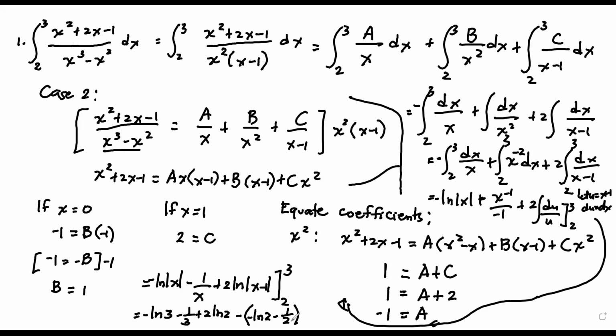So, when we simplify it, you will have negative ln 3, negative 1/3 plus 1/2. That's 1/6. And then, this is positive ln 2. So 2 ln 2 plus ln 2, we can add them because they are similar terms. So you will have 2 plus 1, so 3 ln 2.